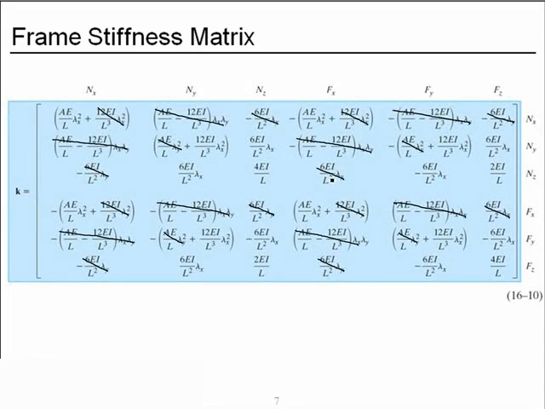Now our third row. The first and fourth terms are 0. The second and fifth terms are 6 EI over L squared, only the fifth column has a negative sign.